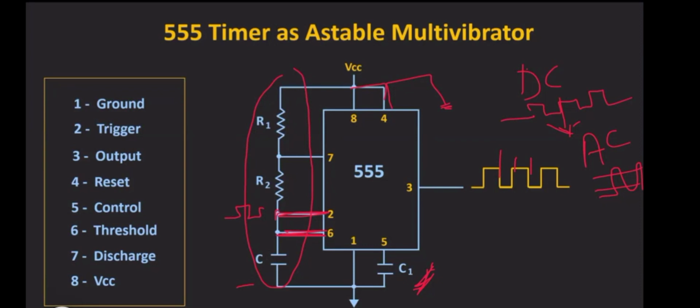And pin number 7 is discharge, which is connected to a discharge transistor internally in the 555 timer. So why is it called discharge? Because whenever the transistor is in on condition, the capacitor will have a path to discharge through that. So it is called a discharge pin.